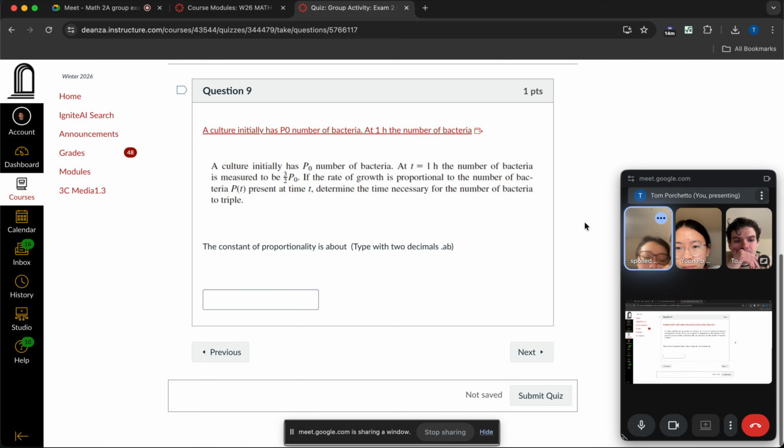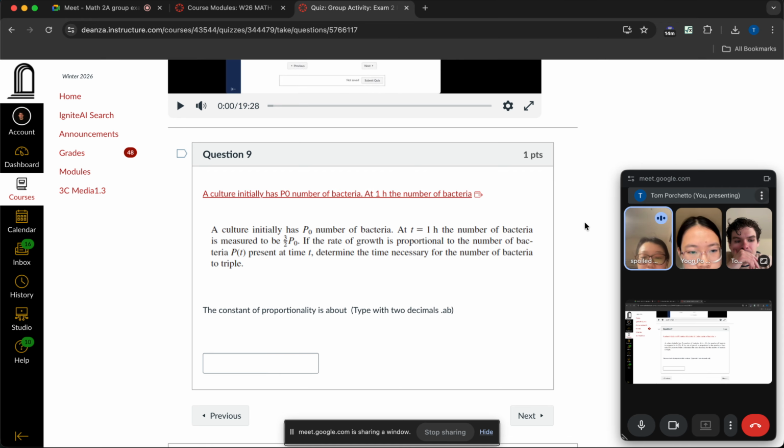Question 9. It's the same question as the last question, and it's asking about the constant of proportionality. We just plug in P0, and e to the k is equal to 3 over 2 P0, so we get e to the k is equal to 3 over 2.